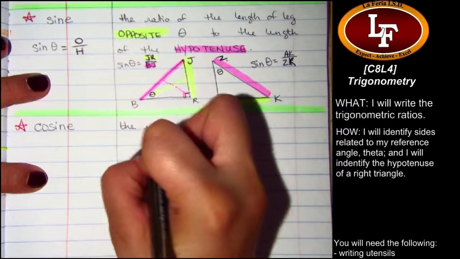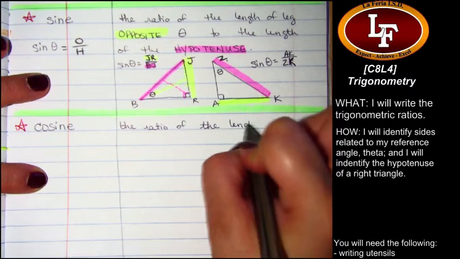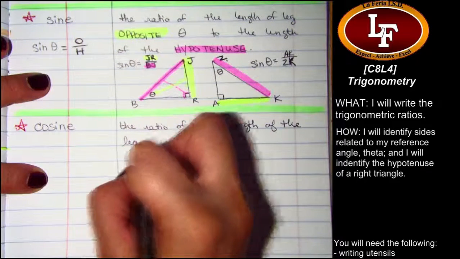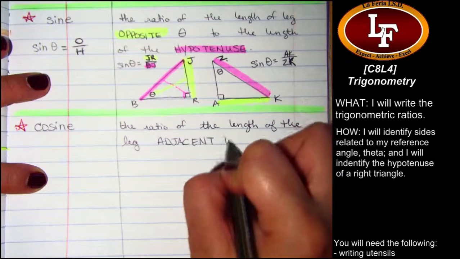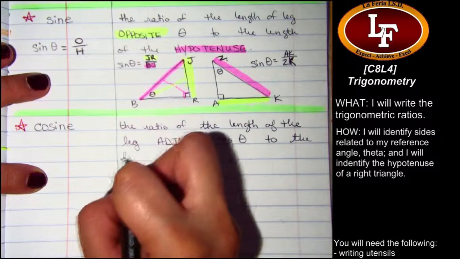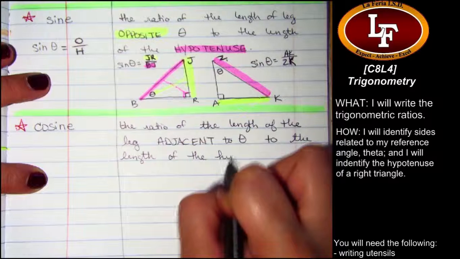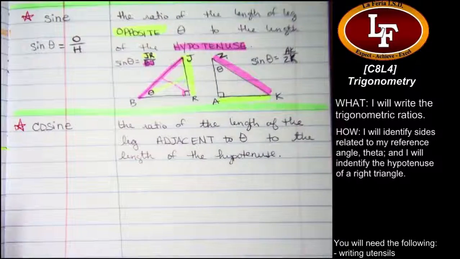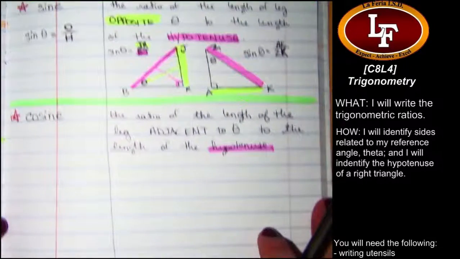And it is the ratio of the length of the leg adjacent to theta to the length of the hypotenuse. Hypotenuse remains the same hypotenuse as from the previous example.